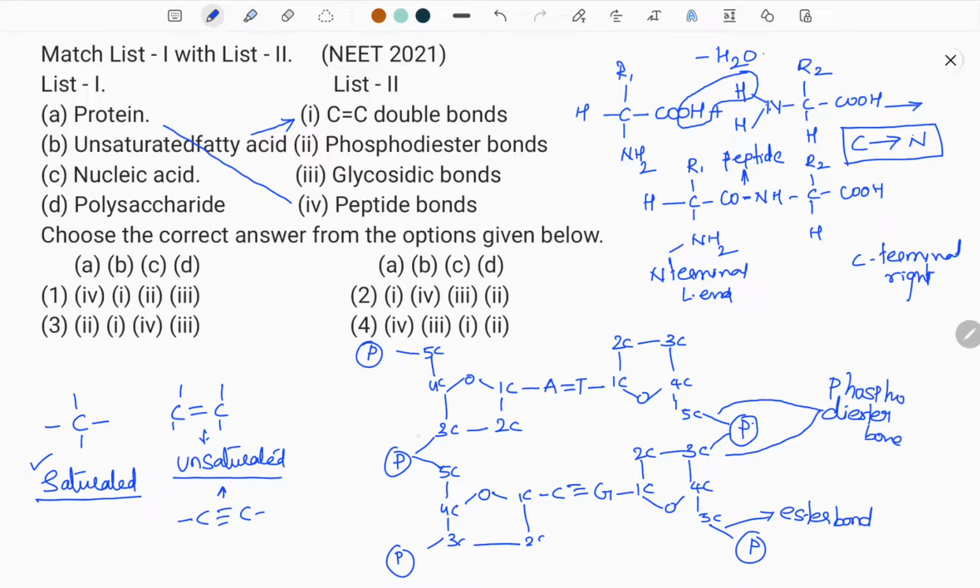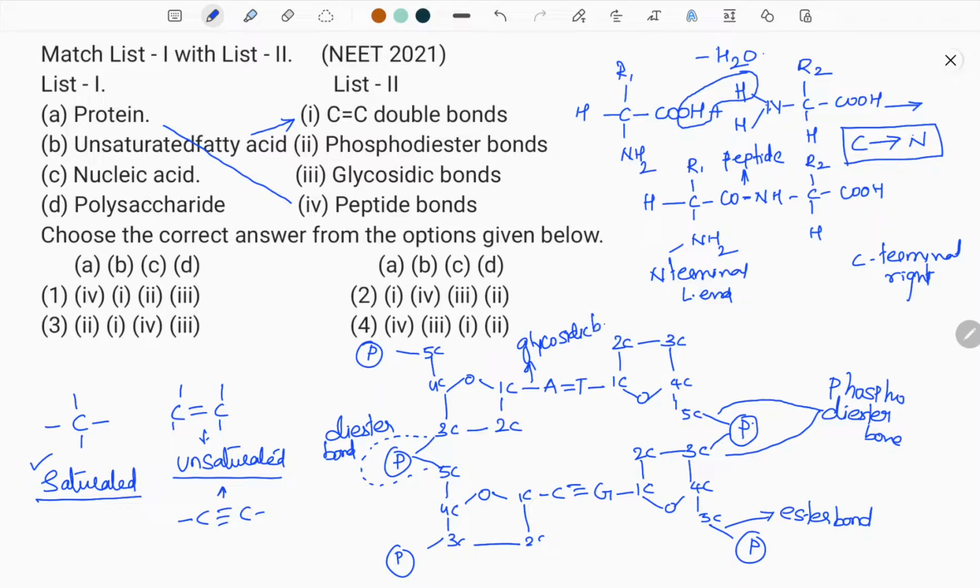Here also we find the same, this is the diester bond. So remember, always the phosphate group is attached by ester bonds to the sugar molecule, whereas the nitrogen base is attached with a glycosidic bond. This bond is also called the glycosidic bond.